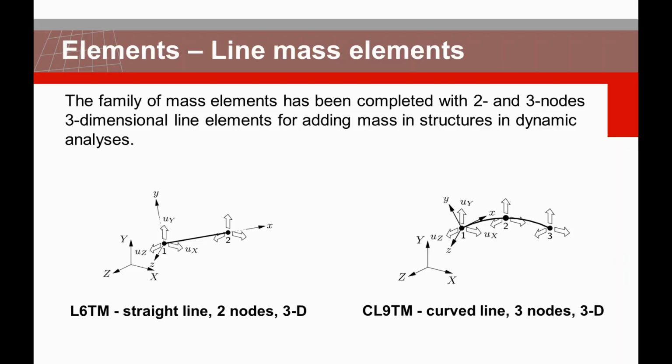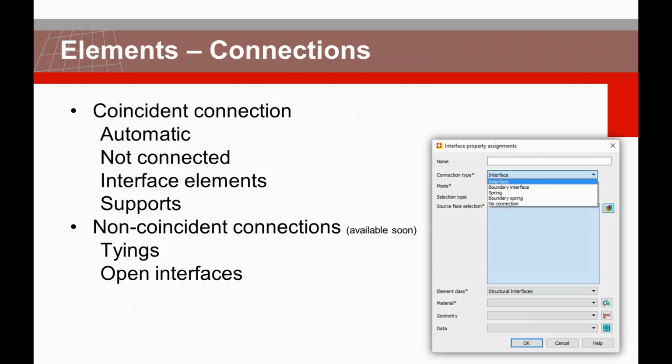So they're very useful, and you can take advantage of them for 2D and 3-dimensional models to be used in your nonlinear time history analysis or dynamic analysis in general.